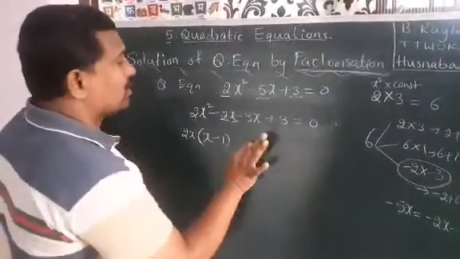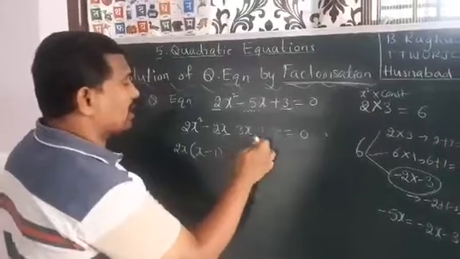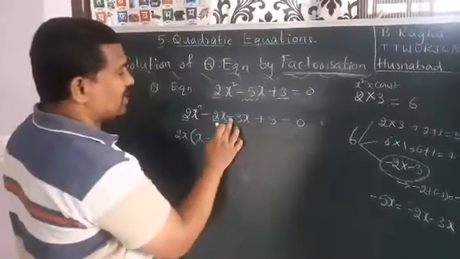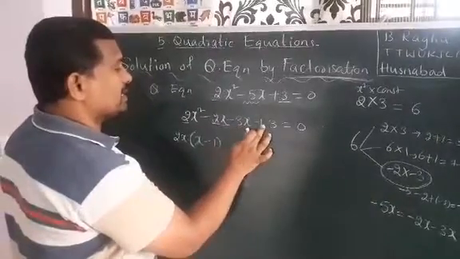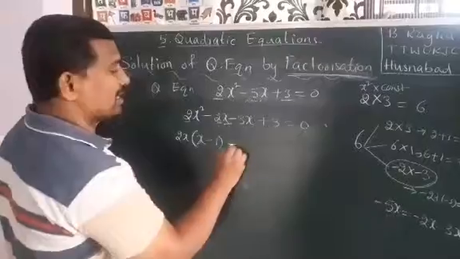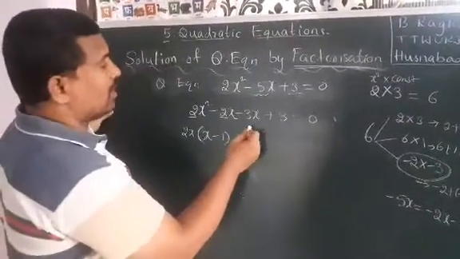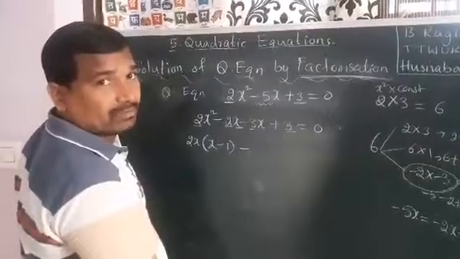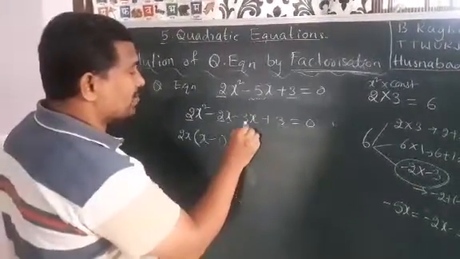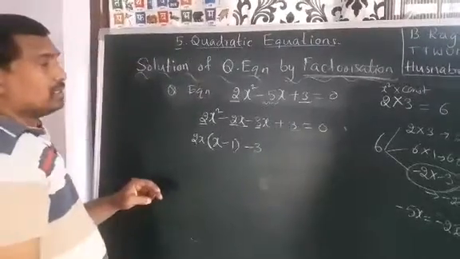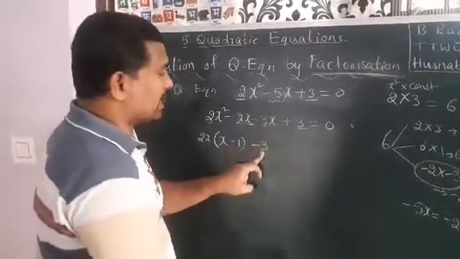Next, whenever you come to the last two terms, here minus and here plus, you have to take the first term's symbol, minus, common. What is the common term? Here 3 is the common term. So take minus 3 common.